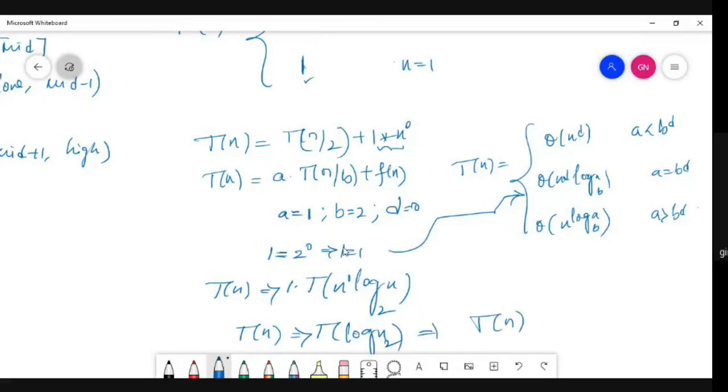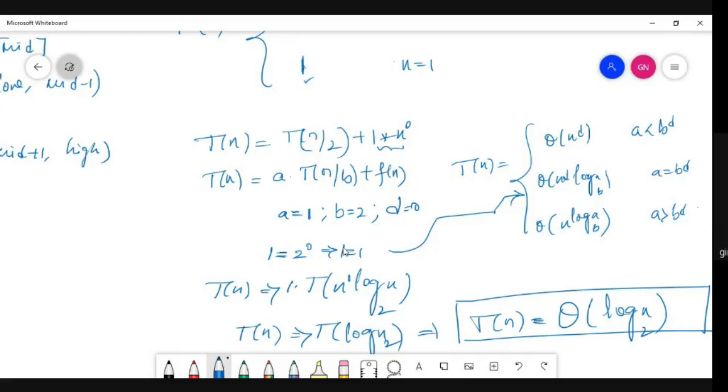Hence, the time complexity for binary search is t of n is theta of log n to the base 2, since it holds good for all the three cases, that is best, worst, and average case also.